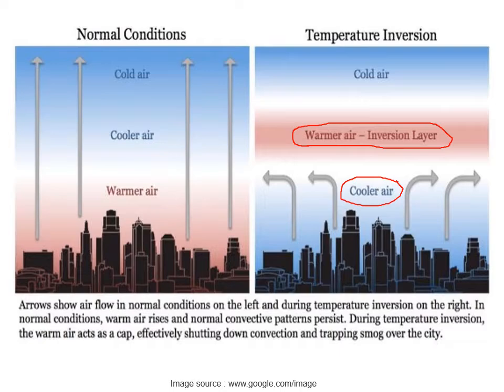And as it is a snow covered area, the atmosphere close to the ground surface gets readily cooler. But the upper air cannot be readily cooled. So we find an increase in temperature up through the atmosphere.